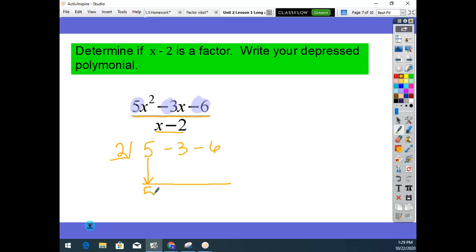Drop the first number down, 5. 2 times 5, 10. Add, 7. Repeat. 2 times 7, 14.